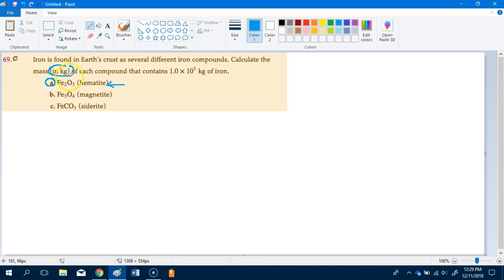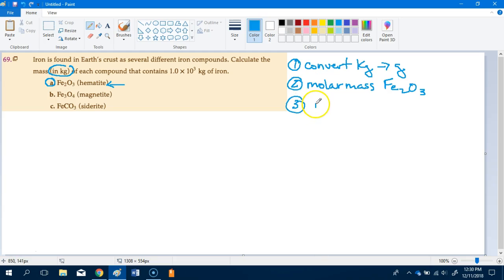So first of all, just a couple of things. If we're looking at a solutions map, we're going to need to convert kilograms to grams because our molar mass on the periodic table is always shown as grams. In the end, we'll convert the grams back to kilograms, as the question asks for the mass in kilograms. We need to know the molar mass of hematite, so we're going to figure that out.